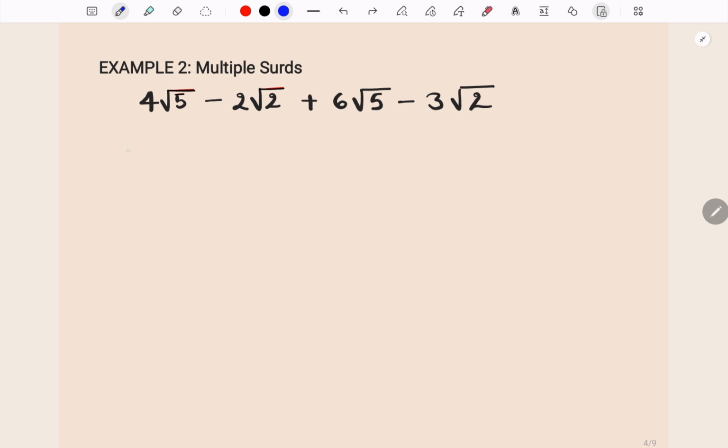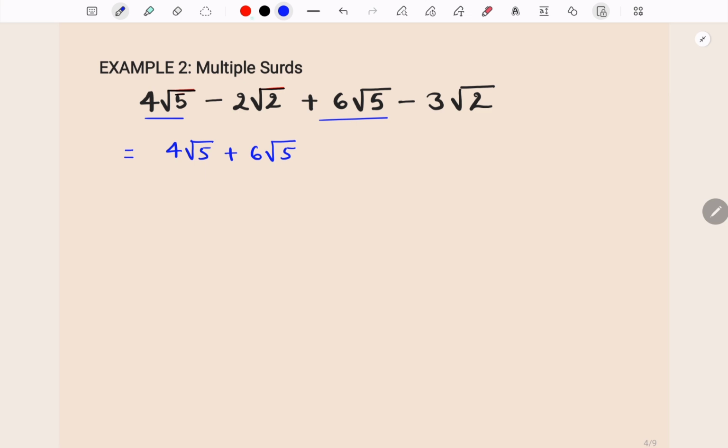Look carefully, we have 4 root 5 here, right? So 4 root 5, and then we have plus 6 root 5. We already know that these are like terms, so let's write them together. We have 4 root 5 plus 6 root 5, right?